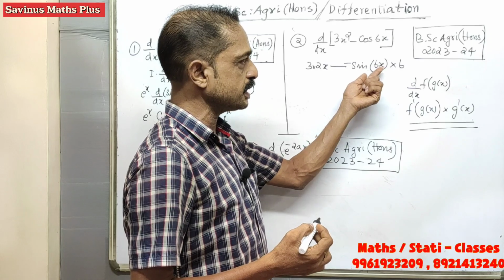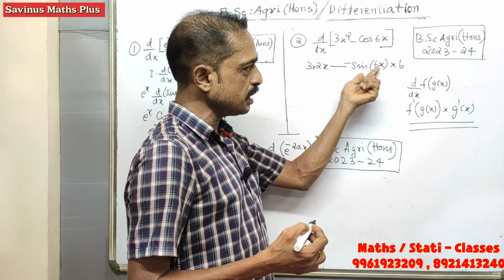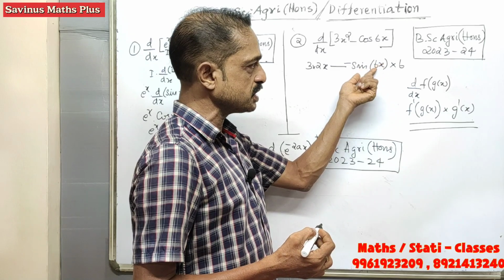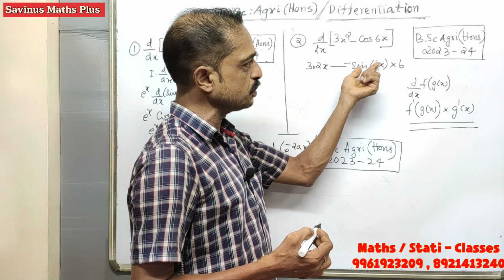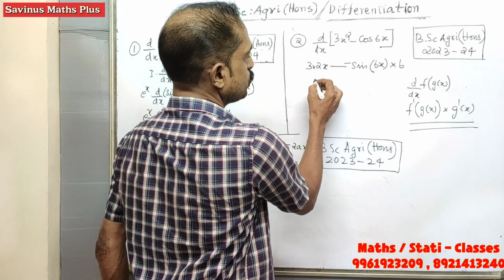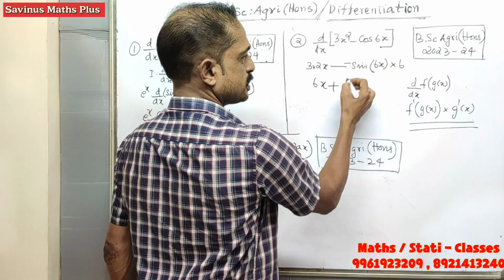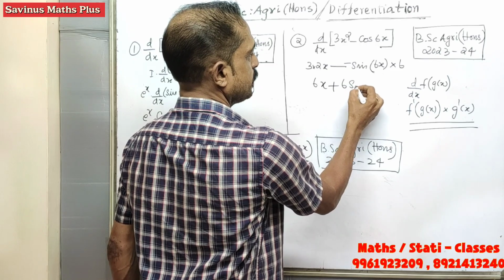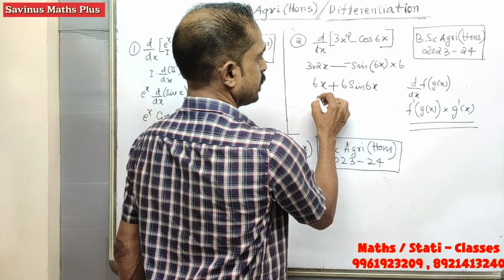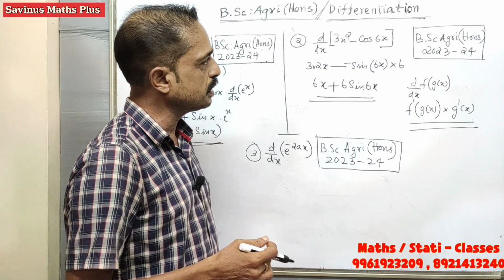What is the derivative of 6x? 6 into the derivative of x. Again this is the product of a constant and a function. 6 is a constant, 6 into the derivative of x with respect to x, which is 1. So this is 3 into 2x is 6x, minus minus becomes plus 6 sin 6x. So this is the derivative of 3x square minus cos 6x.